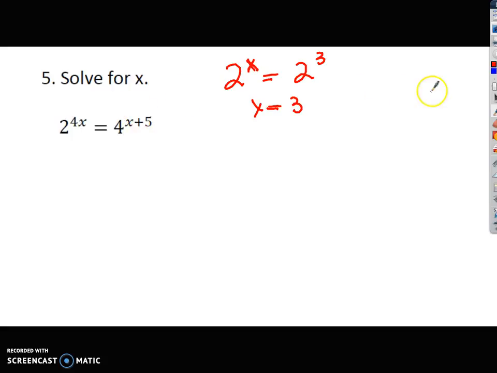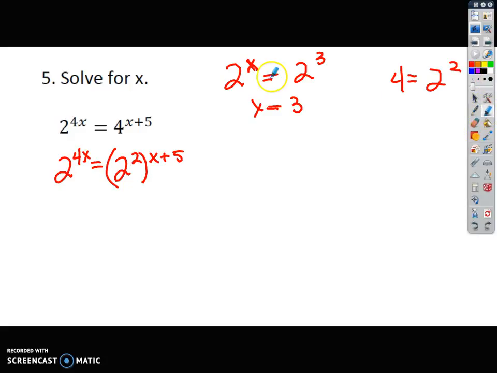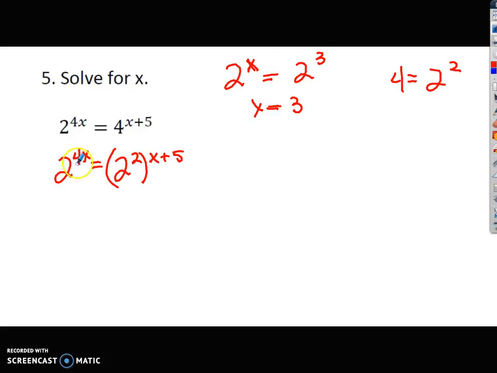4 is actually just what? 4 is just 2 to the second power, so I'm going to rewrite this 4 as 2 to the second power. So this is 4 to the x plus 5, and this is equal to 2 to the 4x. Now you see how the bases are equal. This tells me that we can use this property, and so 4x is equal to this.